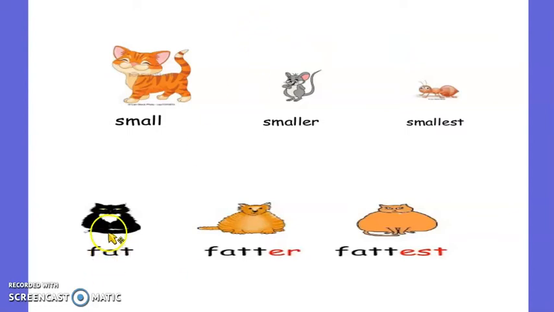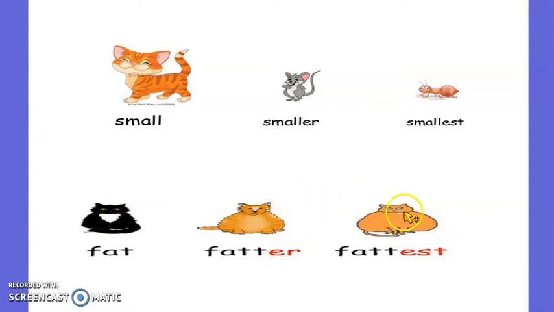Let's go to the second one. Fat. Here we have three cats. Fat, fatter, and the fattest. This is cat number 1, 2, and this is 3. Cat number 2 is fatter than cat number 1. We compare between cat number 1 and cat number 2.